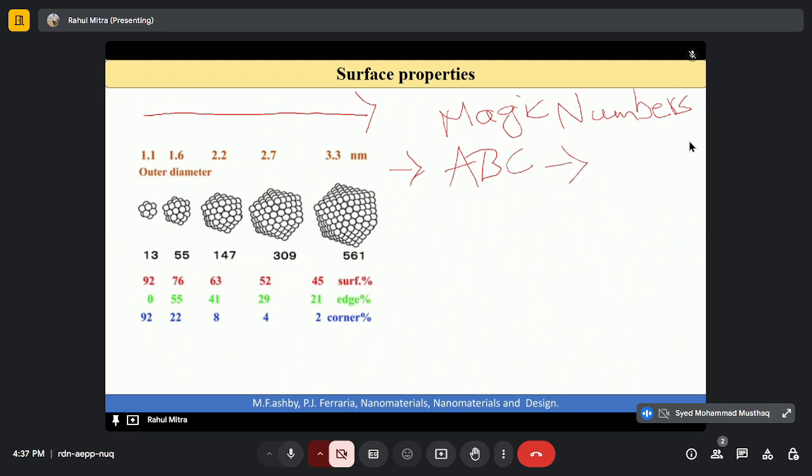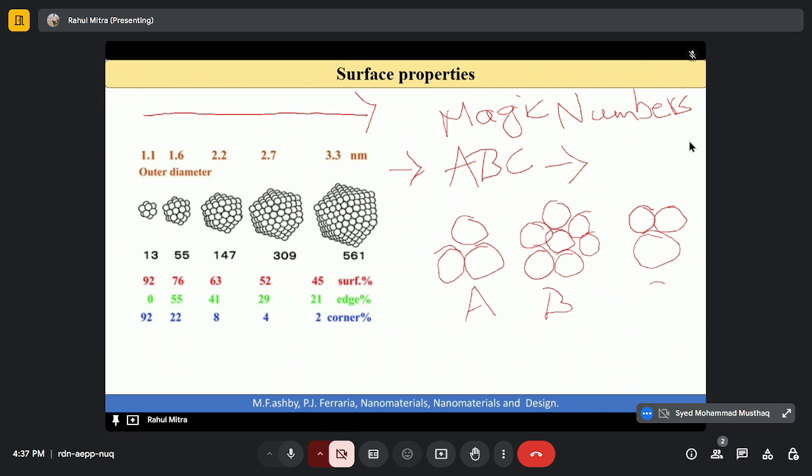For example, if I take an atom here, 2, 3, 4, 5, 6. Suppose this is our B layer, then what about the A layer, the top layer? The top layer will come like this, and the bottom layer will be like this. So this is A, this is B, this is C.